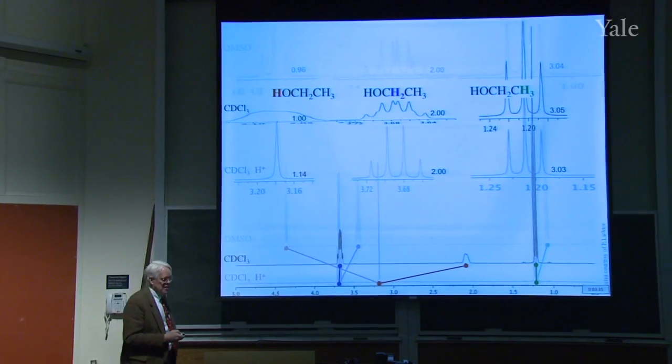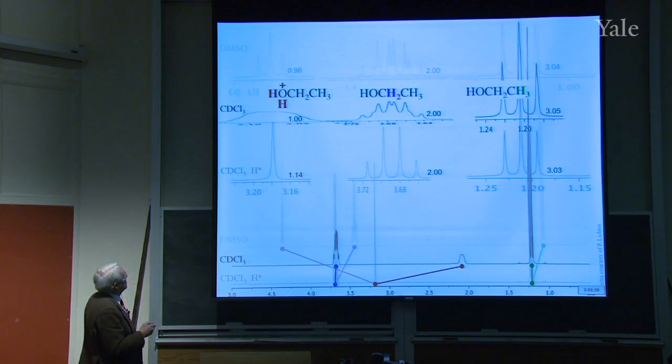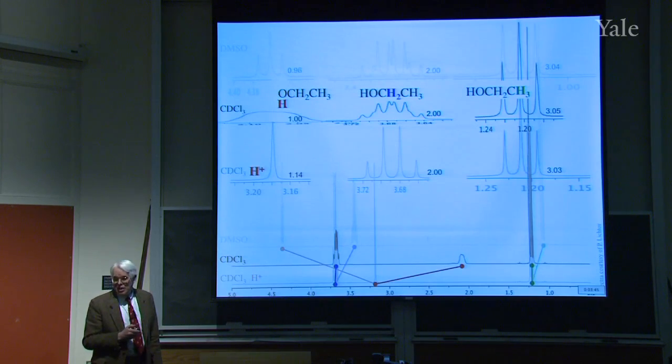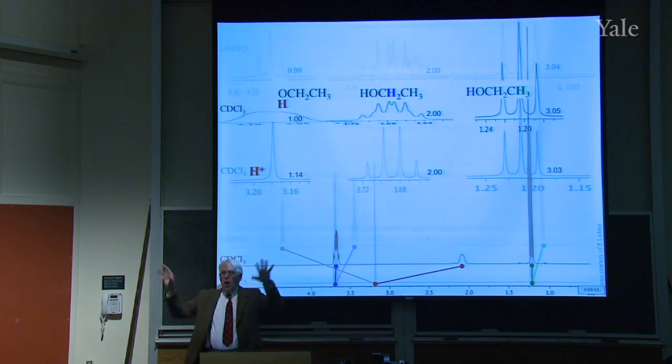Now let's see, how did that happen? Well, H+ can go onto the alcohol, and then the H that was on the alcohol can come back into the solution. So we've exchanged those two H's. And if that happens rapidly, the H is moving all over. Most of the time it's on the alcohol, but some of the time, 14%, it's there as H+.